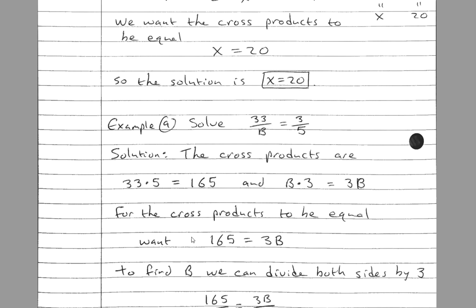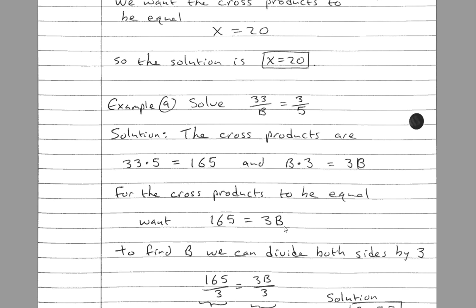We're going to look at equations more in chapter 6. But for something like this, it's easy. The idea is, we have 3b on the right. We're looking for 1b. We're looking for just b. So 3 times b is 165. So if we want 1 times b, we're going to divide both sides by 3.